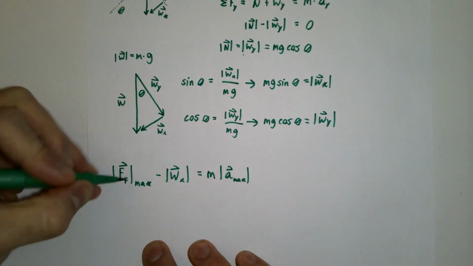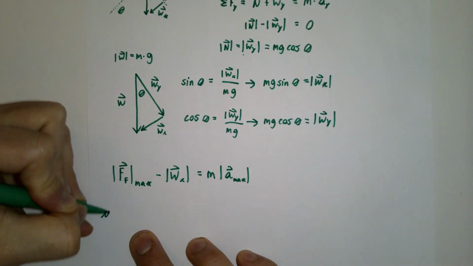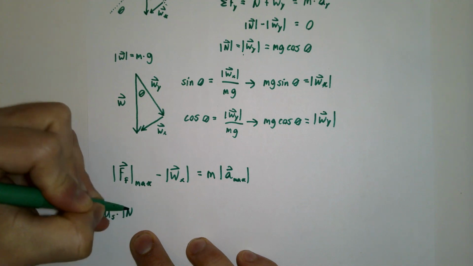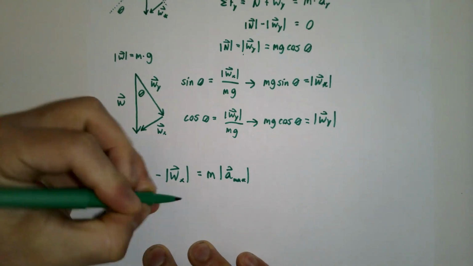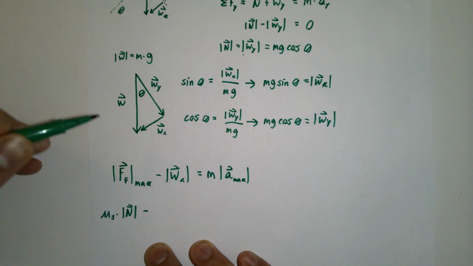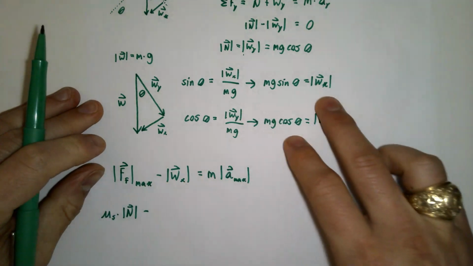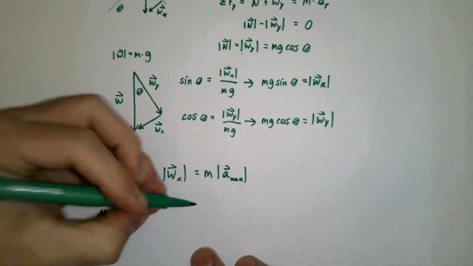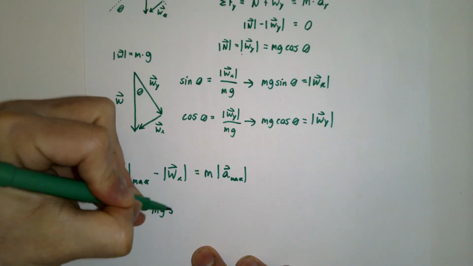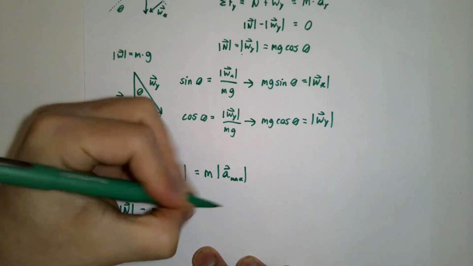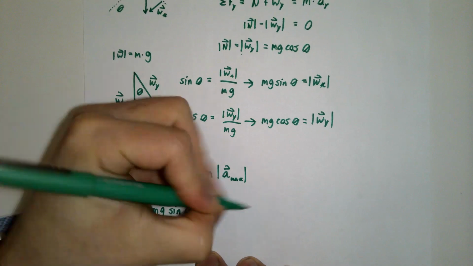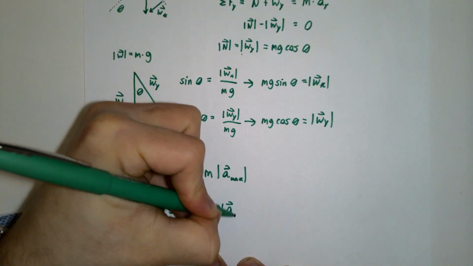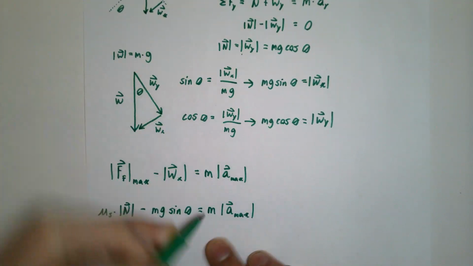The frictional force max, that is mu sub s times our normal force, minus whatever our weight in x is. I'll make that substitution. Our weight in x we found was equal to mg sine theta, equals our mass times the maximum acceleration.